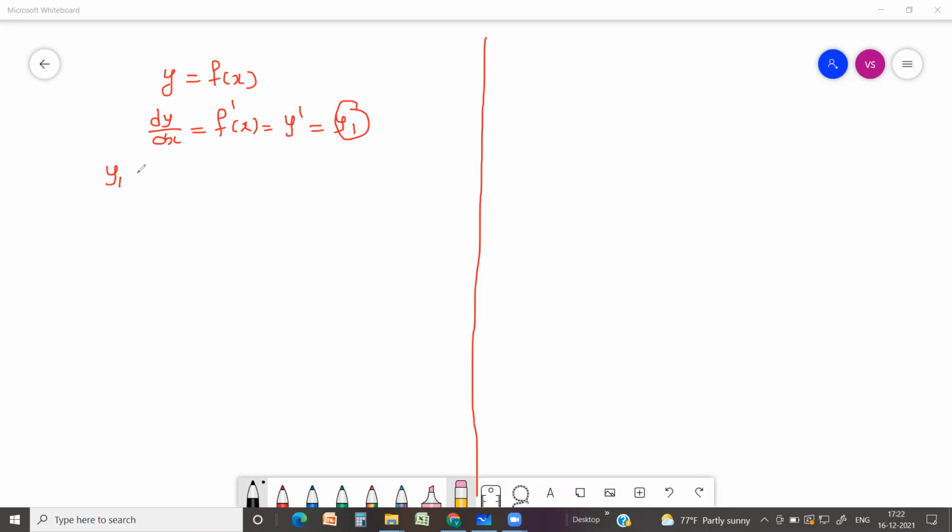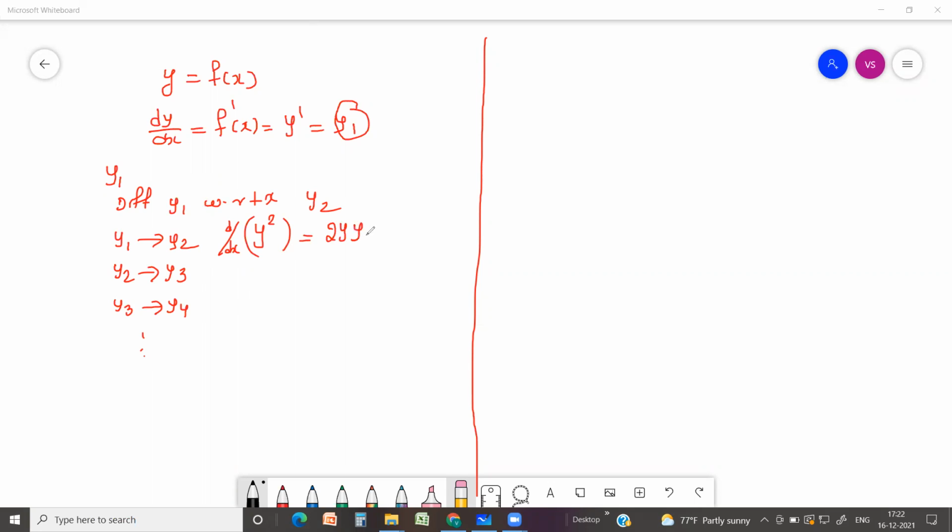For example, see I have y1. If I differentiate y1 with respect to x, I'll get y2. So y1 differentiation gives y2, y2 differentiation gives y3, y3 differentiation gives y4. It will continue. In the same way, if I have y square, d by dx of y square becomes 2y into y1.